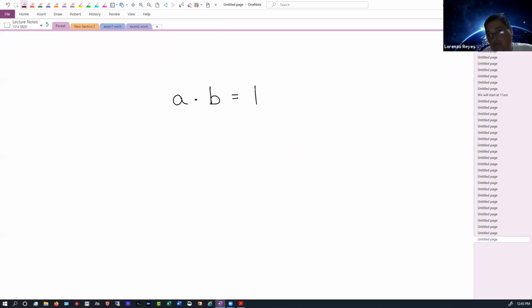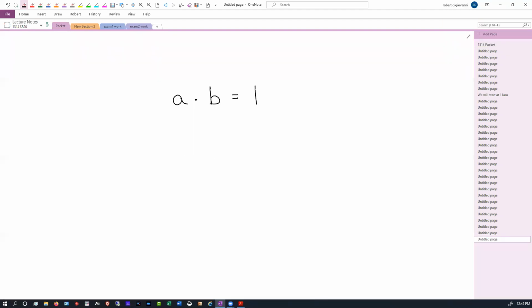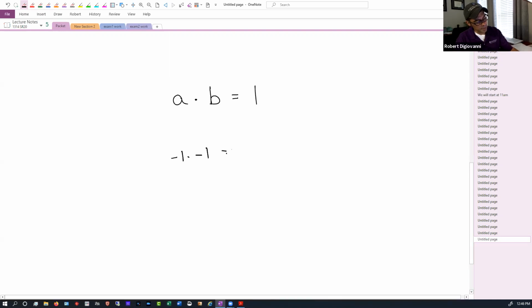No. Can anyone give me an example of two numbers that multiply to be 1, where neither one of those numbers is 1? -1 and -1? Yeah, that would work. -1 times -1 would be 1, but neither one of those numbers is 1.